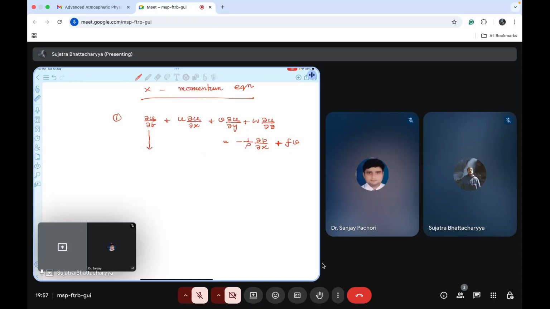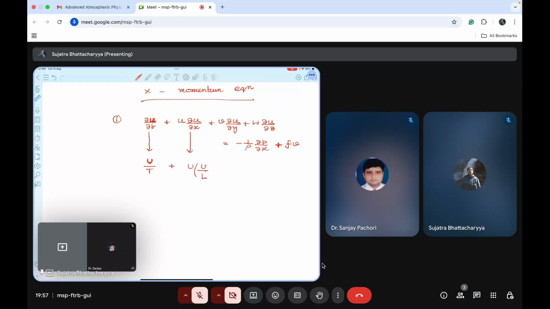So this can be written as follows. For delta U delta T, the U scale is capital U and T is time. Second term, U delta U delta X is U by L. Third term, V is the meridional velocity, so the same U, and delta U delta Y is U by L, because the X and Y lengths are the same and the X and Y velocities are the same.